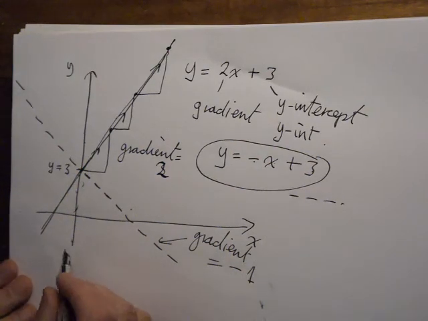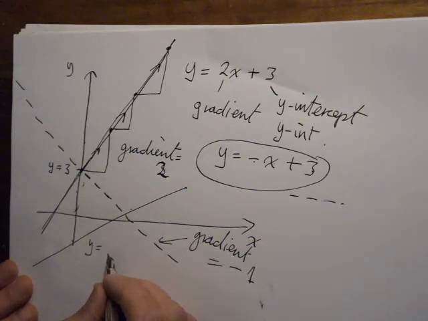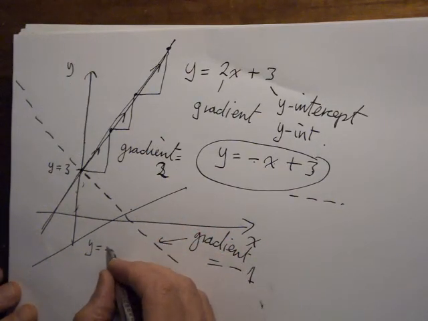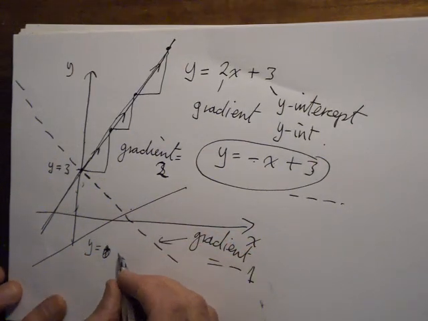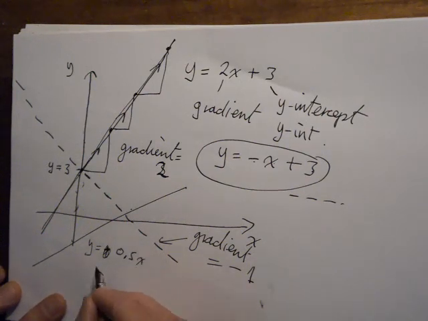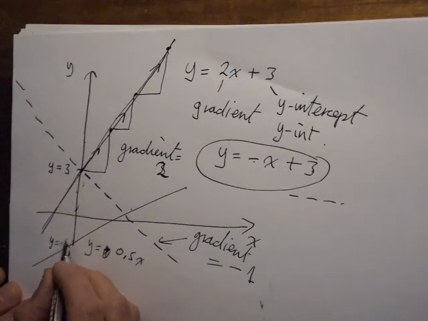This, for example, could be a line where the gradient here isn't very big. It looks to me to be less than 1. Let's say 0.5x. And then this intercept looks as if it's about y equals -2.